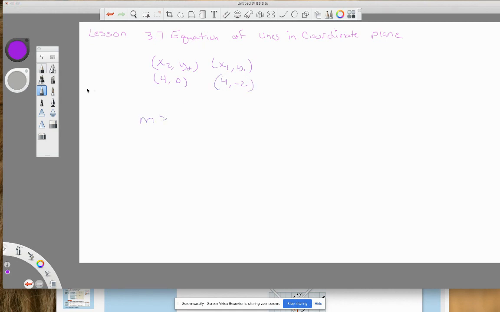So according to my formula, let me retry this. 0 minus -2 over 4 minus 4. So I get 0 plus 2 over 4 minus 4, which is 2 over 0. Now remember, we cannot have 0 at the bottom. This is undefined. And didn't we say in our chart that for a vertical line, the slope was undefined?